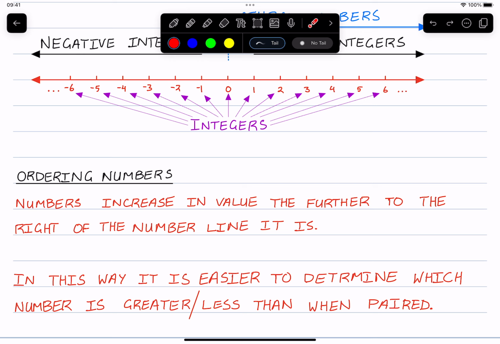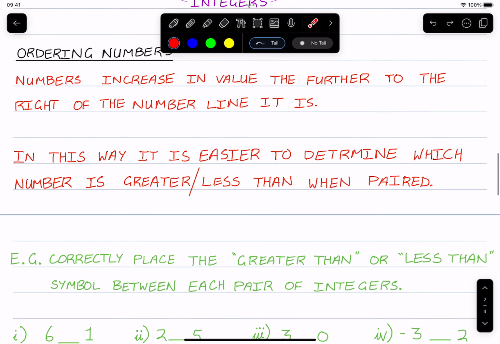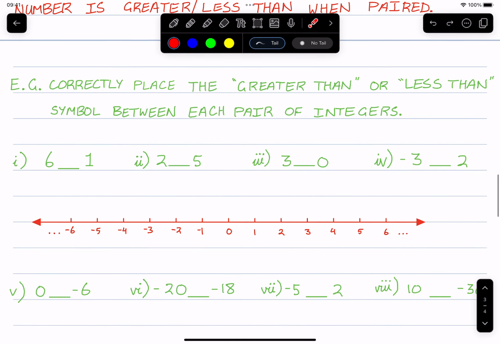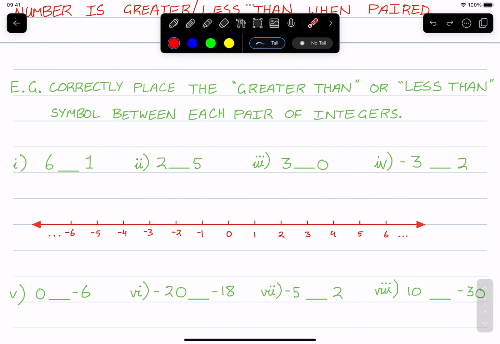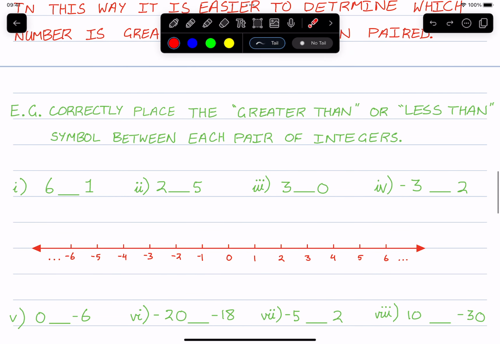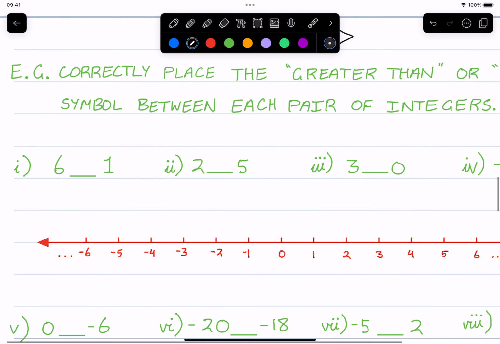In this way, it is easier to determine which number is greater or less when paired with other numbers. So let's correctly place the greater than or less than symbol between each pair of integers. Greater than is this one here, where the opening is on the left, and less than is this one.